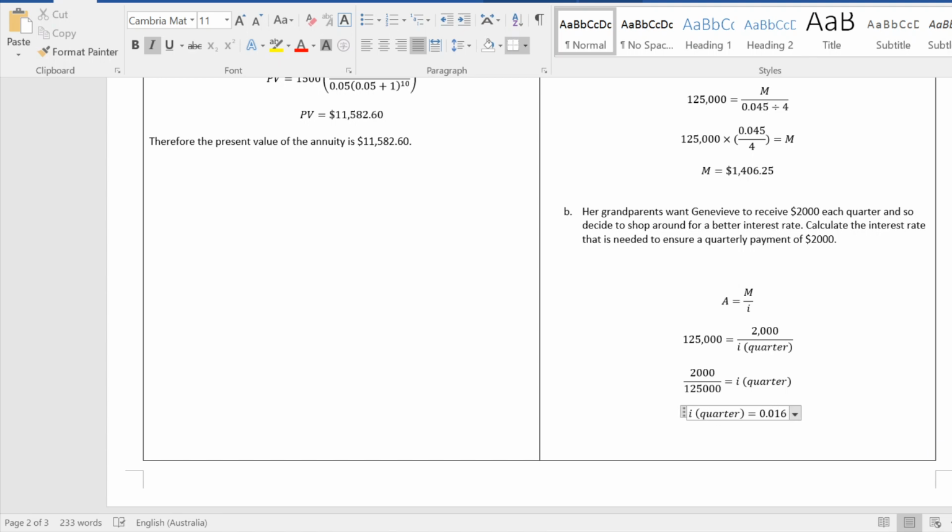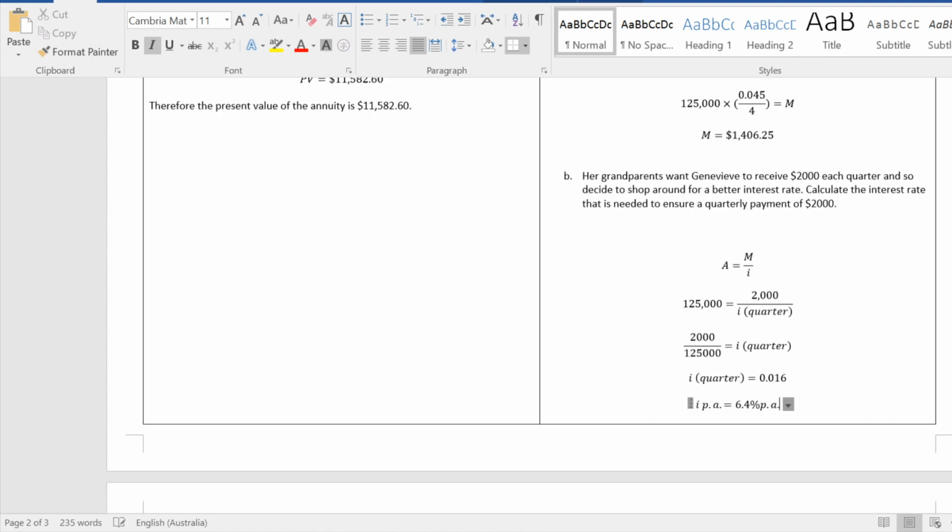Now keep in mind that's for every quarter. If you want to find the interest rate per annum, which is what I'm about to do now, we simply multiply it by 4. So interest rate per annum, multiply that by 4, which gives us basically 0.064, which is 6.4% per annum.